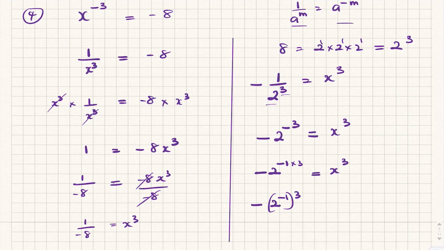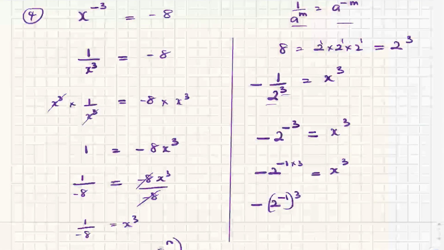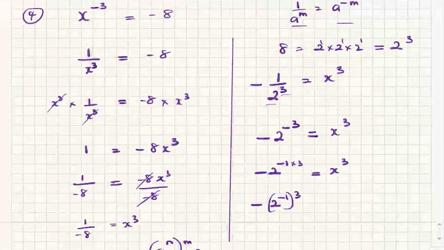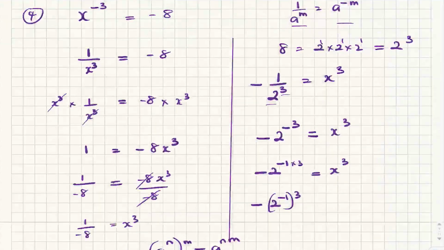So I've applied that rule that says a to the n to the m equals a to the n times m. So I went back the other way. So I went back in that direction. So I've got my a to the m here. So I went back and I still left the minus, I didn't touch it here. So that'll become x to the power of 3.